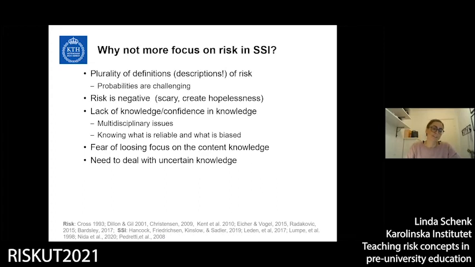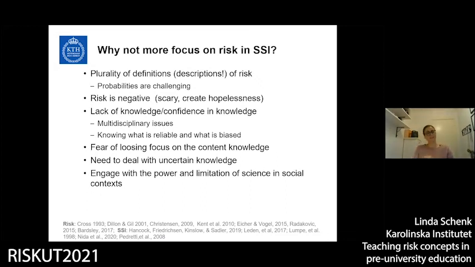They require teachers to deal with uncertain knowledge and also to engage with the role of science in social context and both the power and limitations of science in society. And these latter two points especially require teachers to change from a more authoritarian to a non-authoritarian pedagogy.